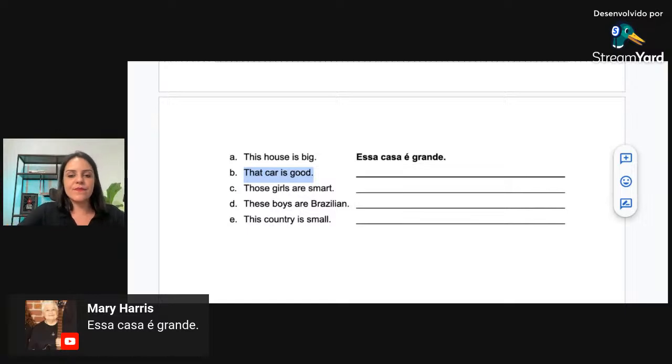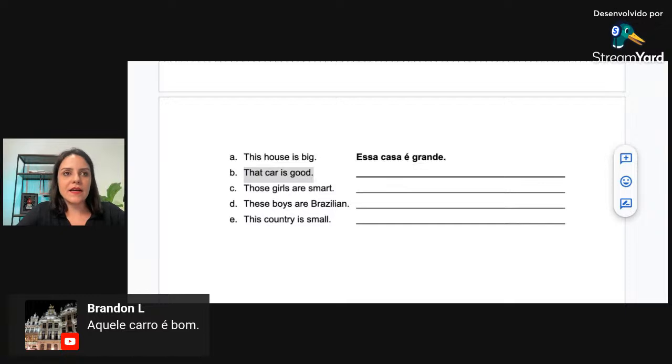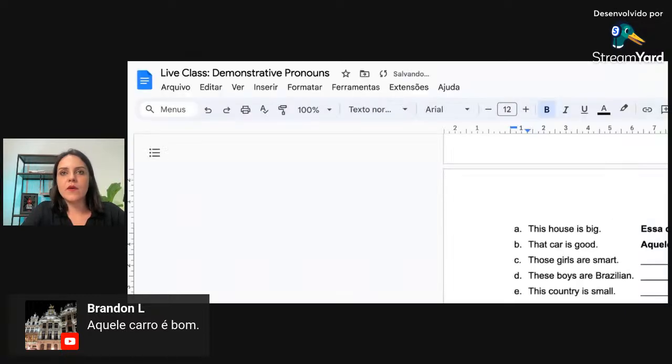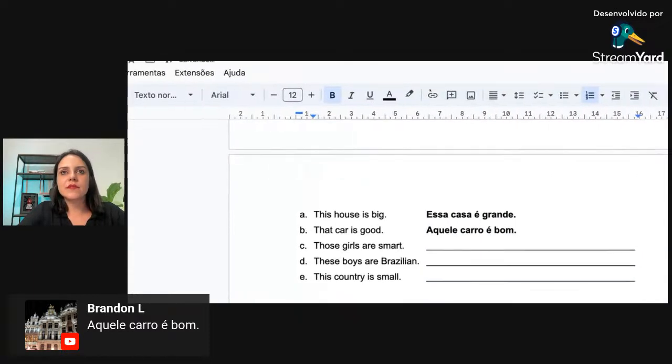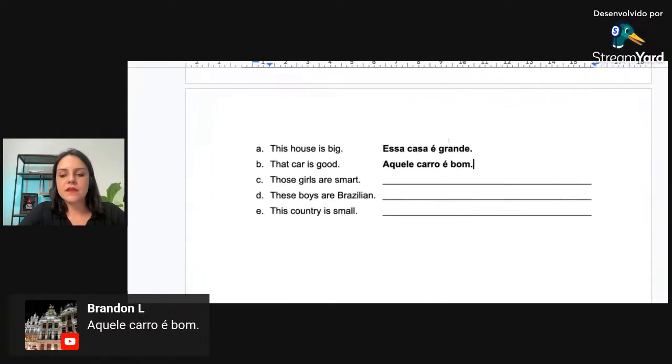Não vai ficar essa? Muito bem, galera. Aquele carro é bom. Então, aquele carro é bom. Muito bem. Perfect. Aquele carro é bom. Muito bom.